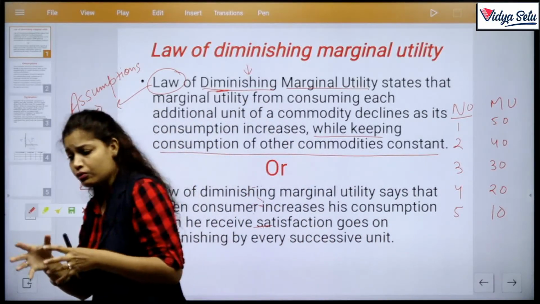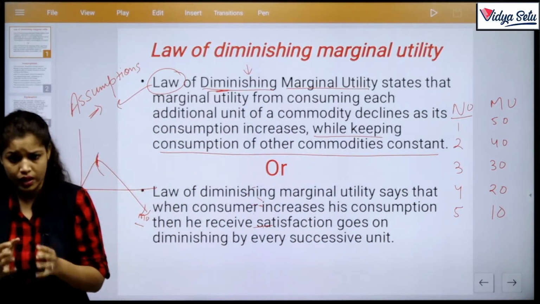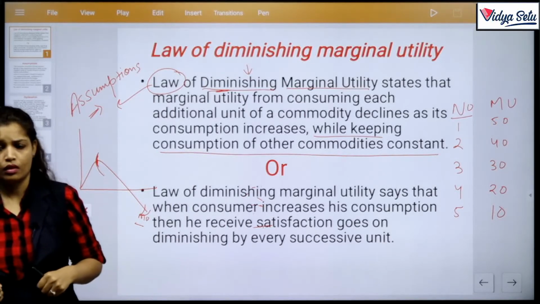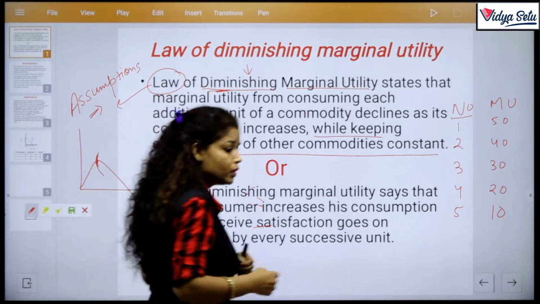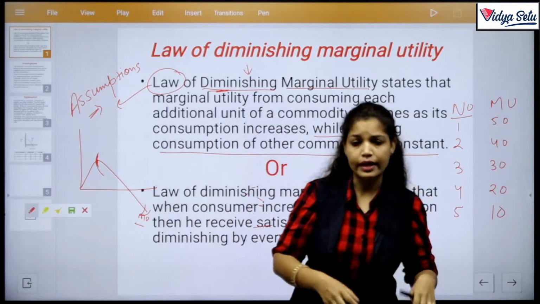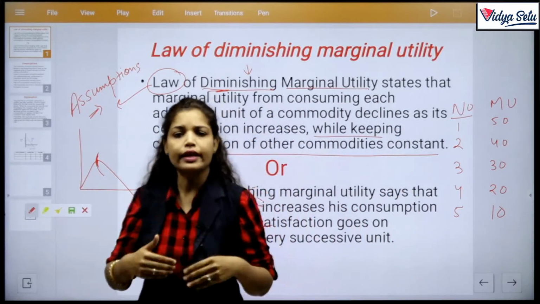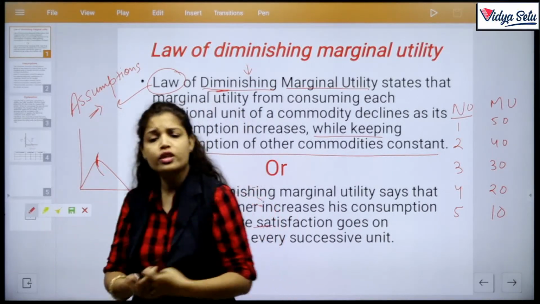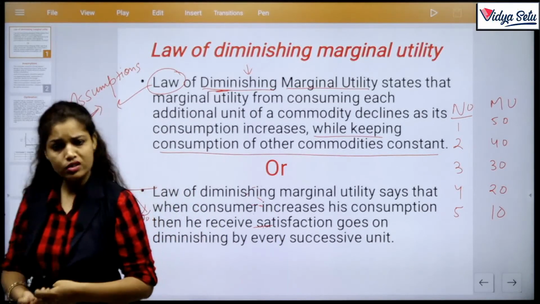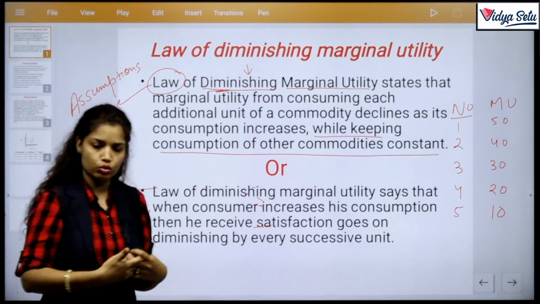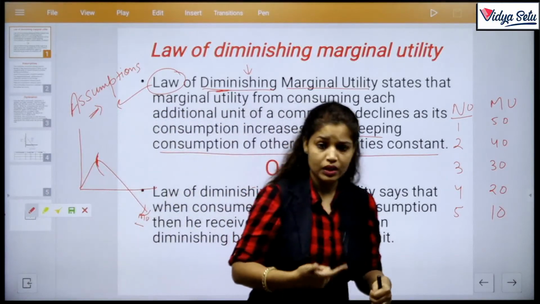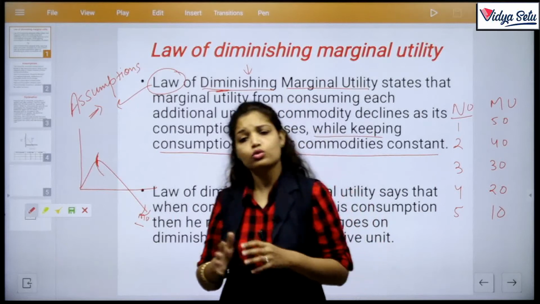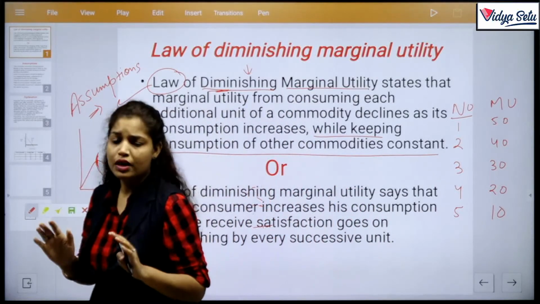Because when we don't know about the thing, we are already excited enough to consume it. So we are at a stage where we know nothing about the commodity, so the first commodity gives the best satisfaction. Clear? The second one is less, and the next one is still less. So this is called the law of diminishing marginal utility.